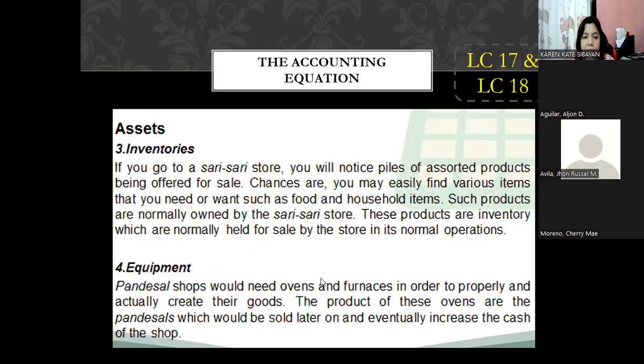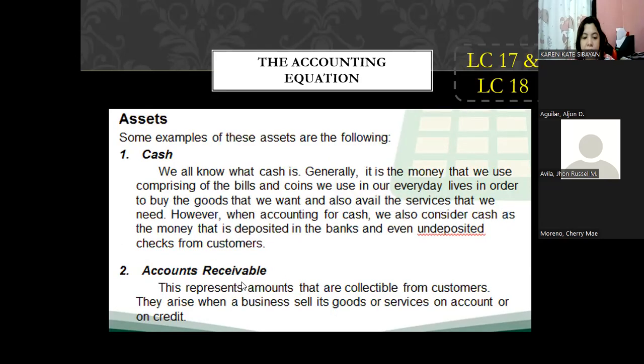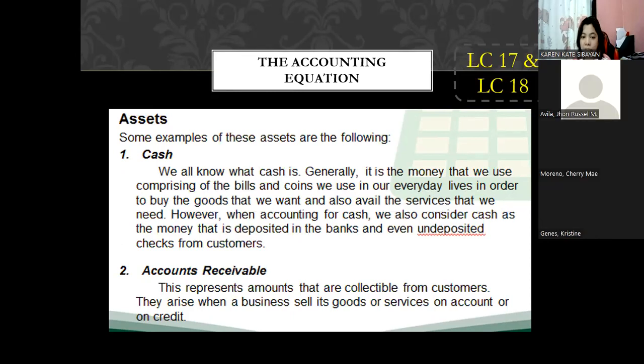So for example natin sa accounts receivable, you render a service. When you render a service and the customer did not pay you, meaning to say you have an accounts receivable, and the customer has an accounts payable. Usually sila yung magka-tandem lagi.